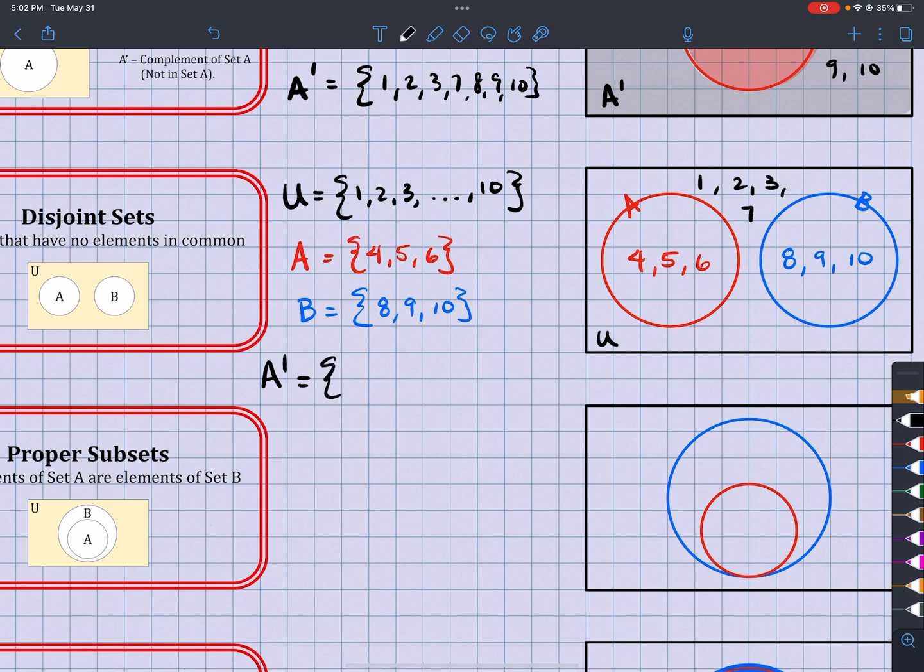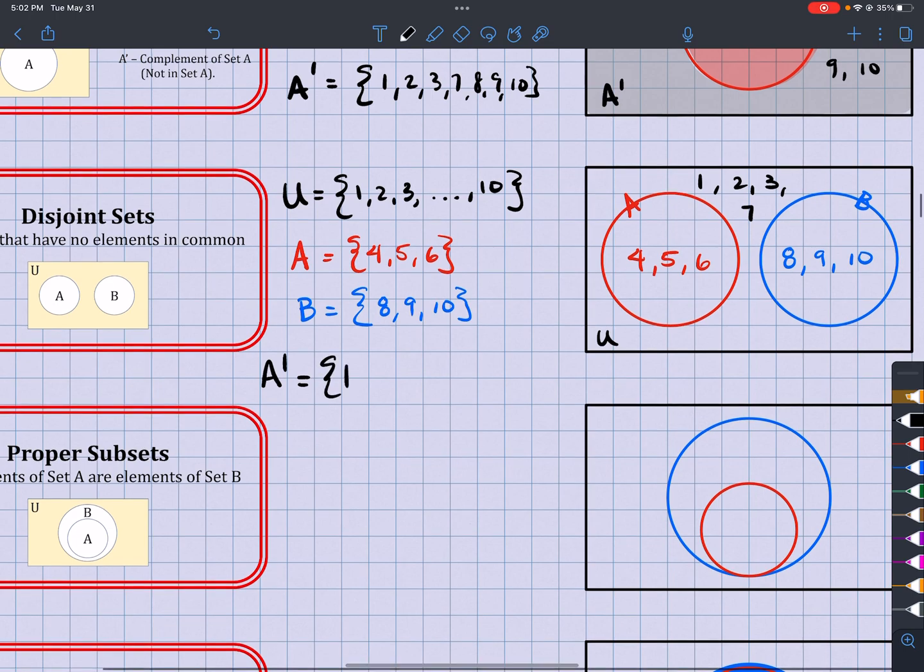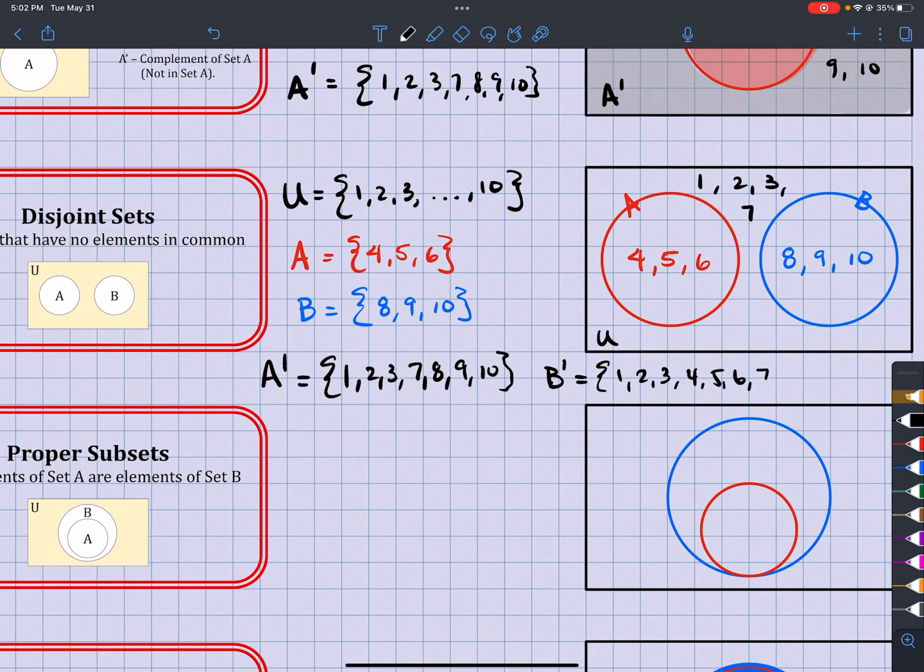A is 4, 5, 6, so the rest of the numbers must be not A: 1, 2, 3, 7, 8, 9, and 10. How about not B? Not B would be 1, 2, 3, 4, 5, 6, 7. Those would be not B. They're different, but notice how consistent not A has been, because I'm keeping the same thing there.